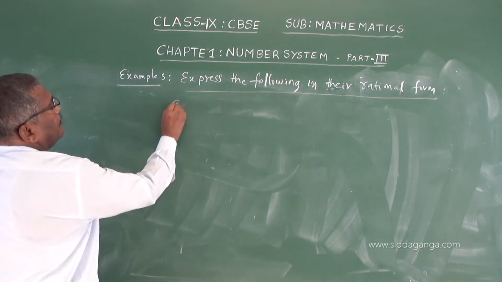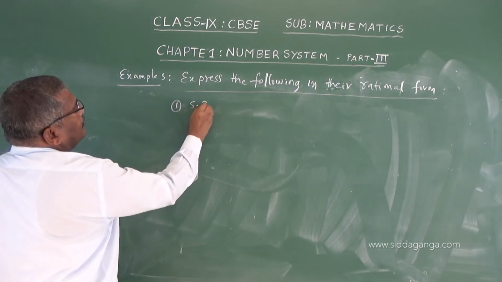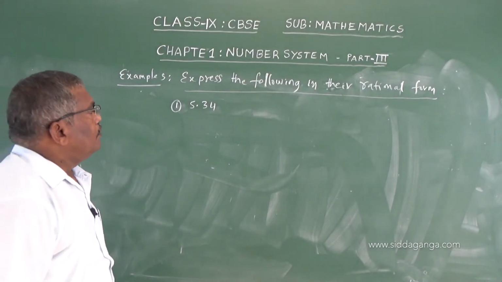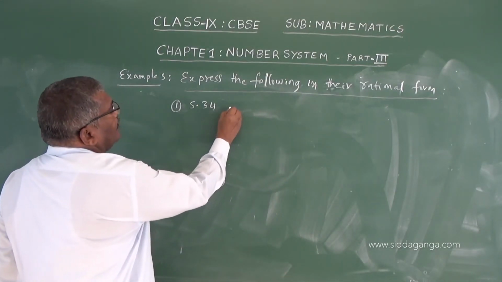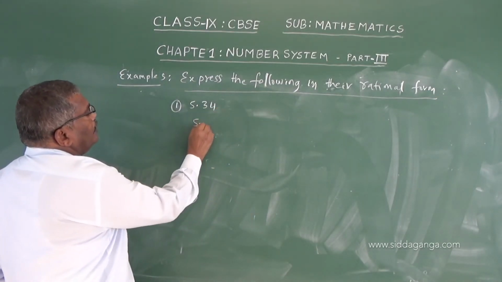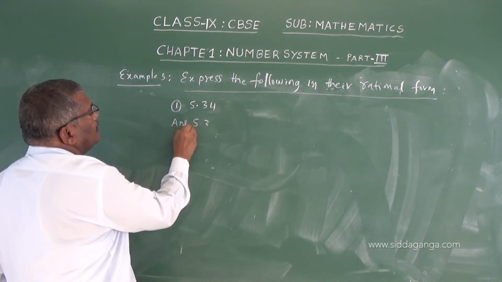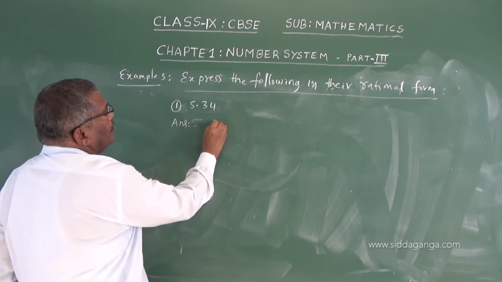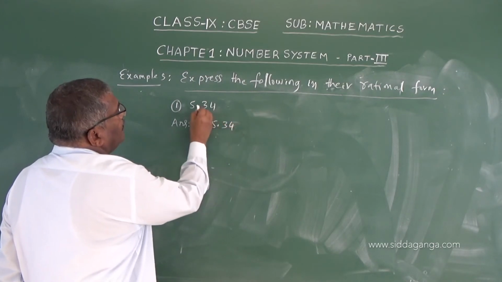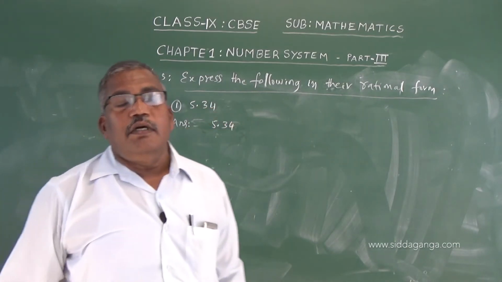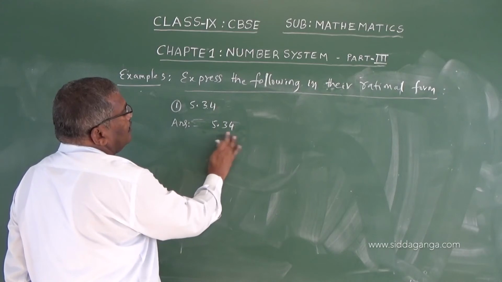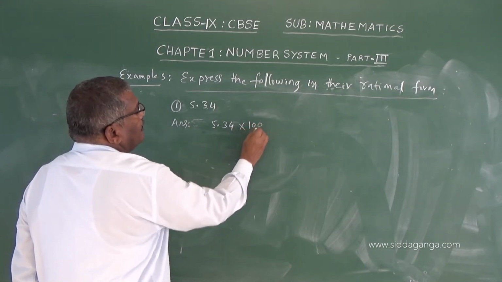First one, 5.34. You know how to convert this into P by Q form. For 5.34, you take it as it is. After the decimal there are two digits, 34. Therefore, you multiply by 100 and divide by 100.